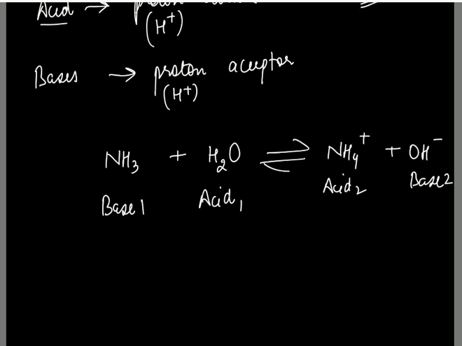So what do you understand by this? See, ammonia is accepting, like water, if you split it up, into H plus and OH negative ion. So water is donating an H positive ion, right? If you can see that, we are going to talk only about this ammonia. Ammonia is accepting H positive ions and changing into ammonium ion.